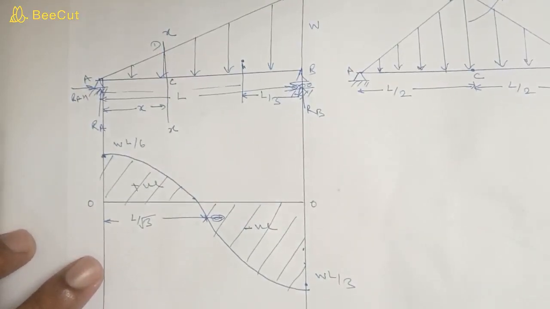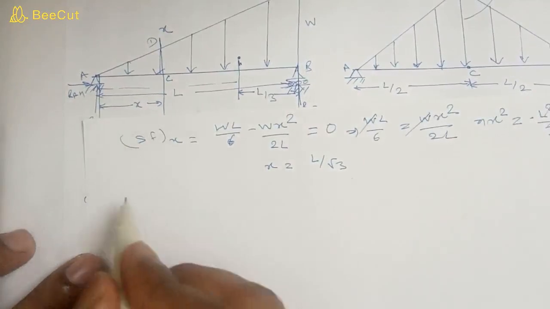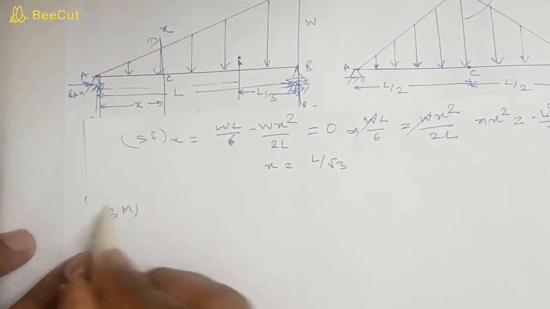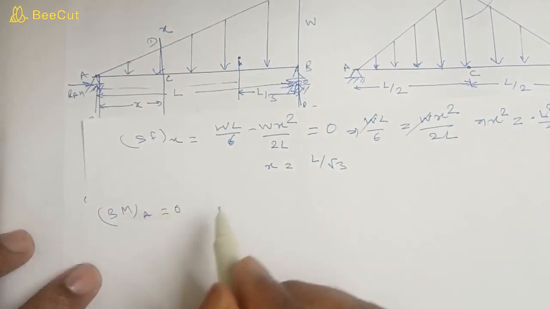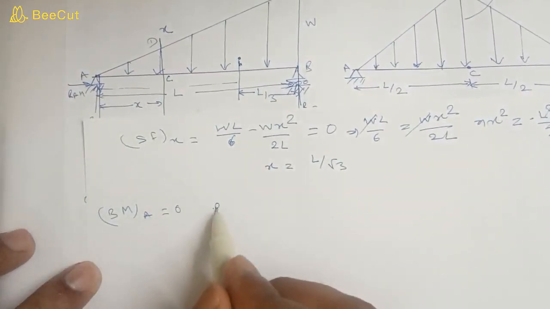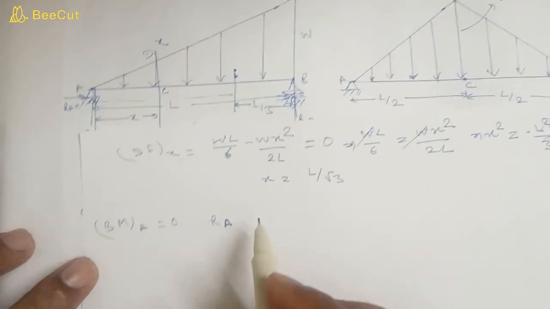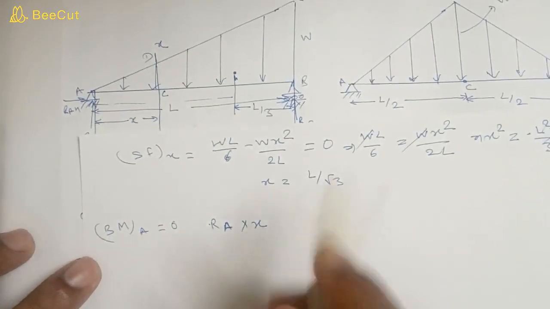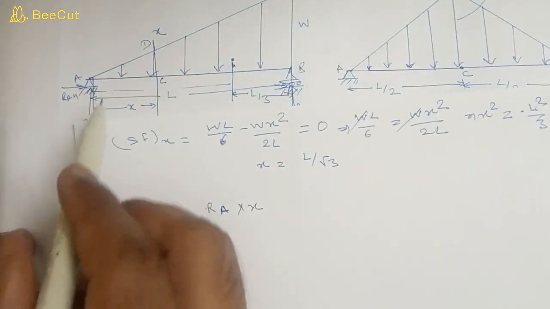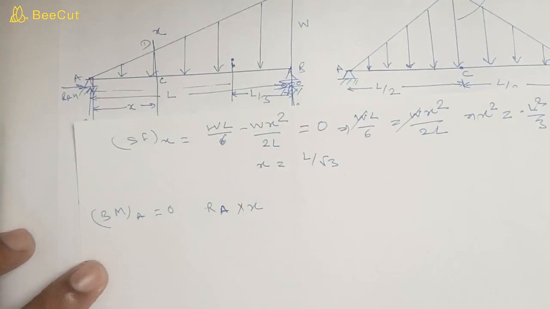Now we will try to draw bending moment diagram for this. So at point A, bending moment at A is 0 because X is 0. And bending moment at x distance will be Ra into x. This will be positive because this Ra is trying to bend the beam like this, so it is sagging moment, so it is positive.